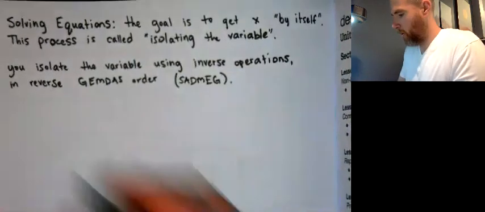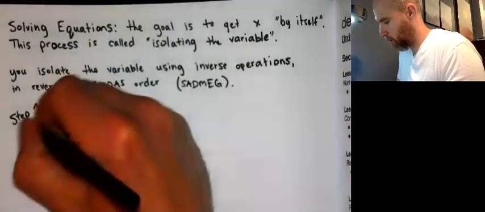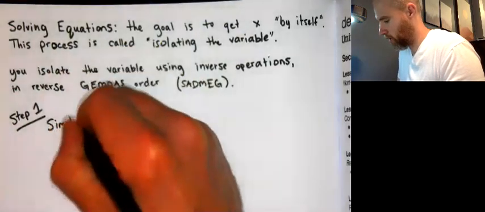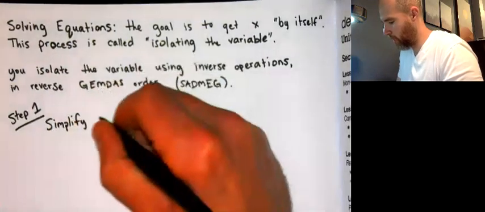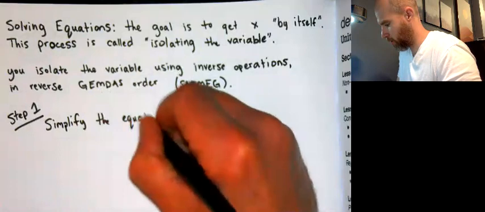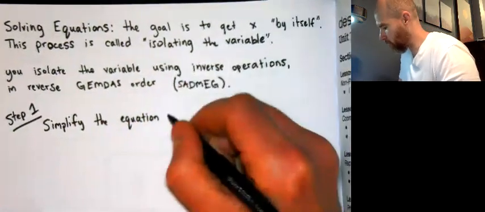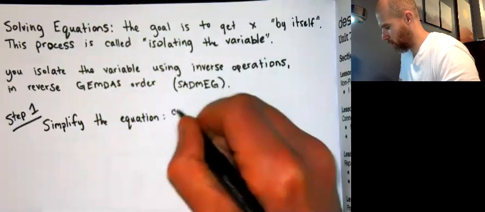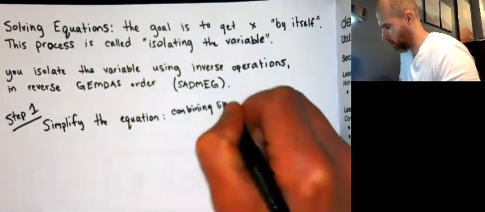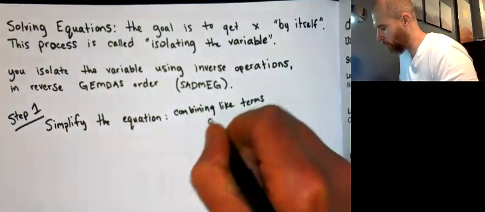So step 1, simplify the equation. This would be like combining like terms, distributing.